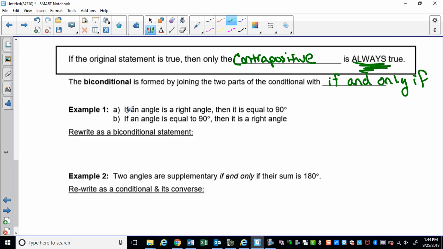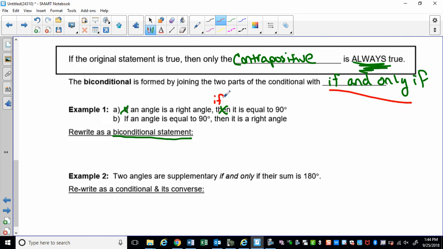So my conditional statement is: if an angle is a right angle, then it is equal to 90 degrees. My converse means we're going to flip it, change the order: if an angle is equal to 90 degrees, then it is a right angle. And this is how we're going to make it biconditional. I'm going to drop the if and the then, and where the then used to be, I'm going to write 'if and only if.'